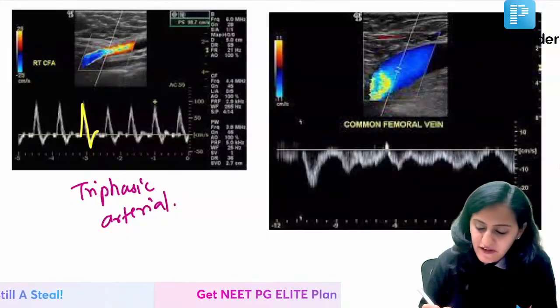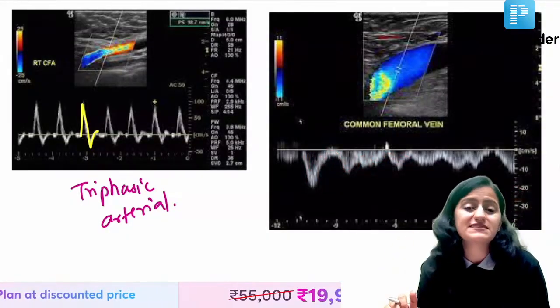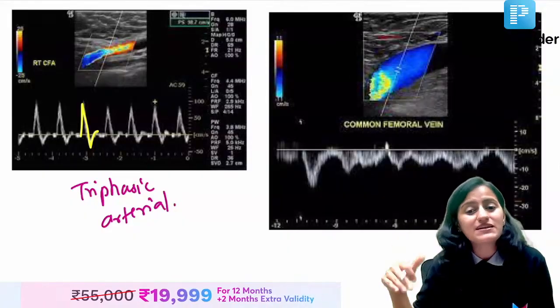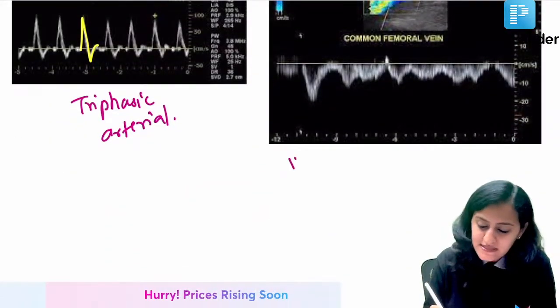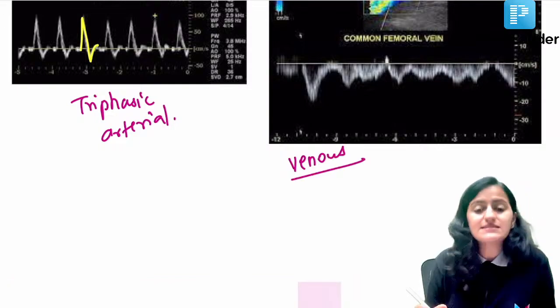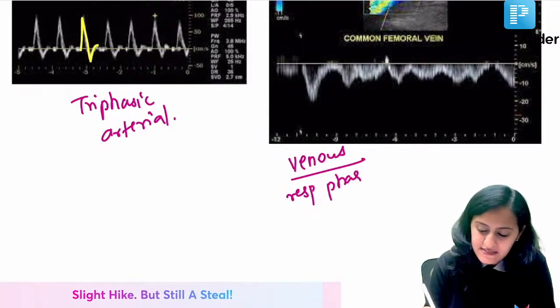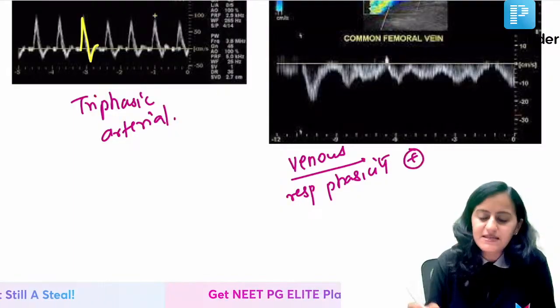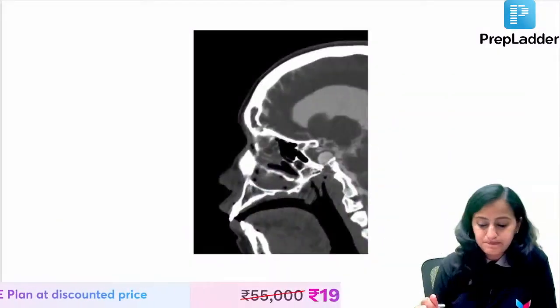And a venous waveform is monophasic and it shows respiratory phasicity. It varies with respiration, with inspiration and expiration. So this is a venous Doppler. The respiratory phasicity is present in venous Doppler. It is monophasic. Correct.